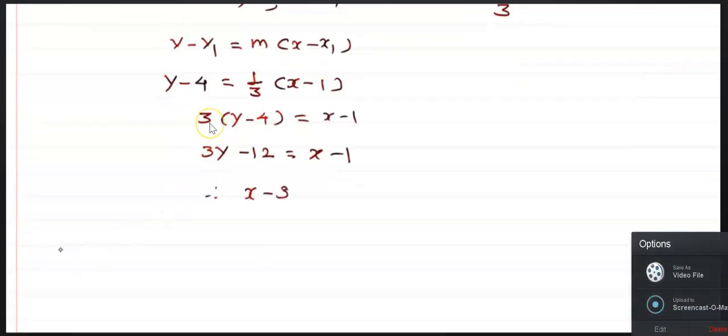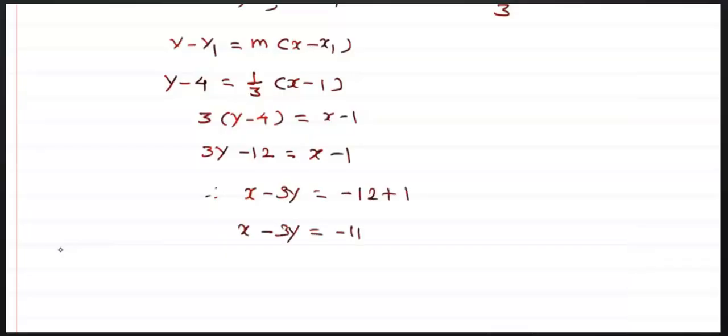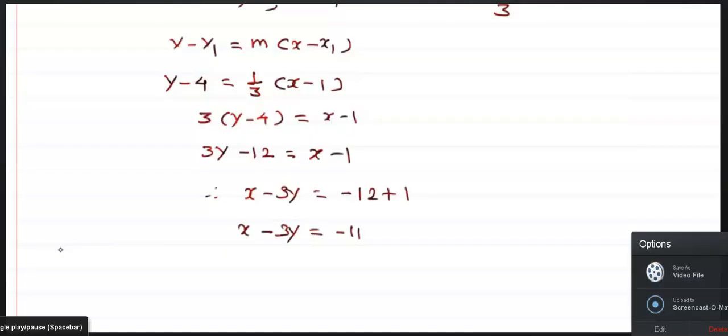That is 3 in bracket y minus 4 is equals to x minus 1. Simplification, 3y minus 12 is equals to x minus 1. That is x minus 3y is equals to minus 11.